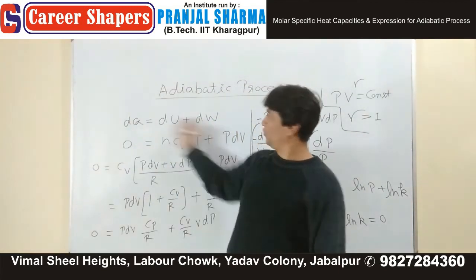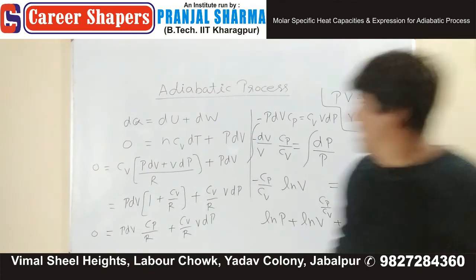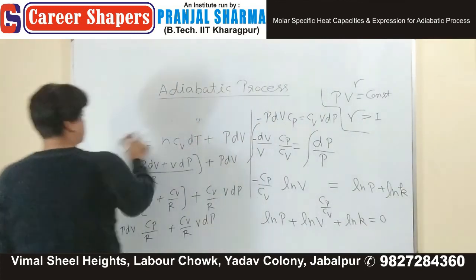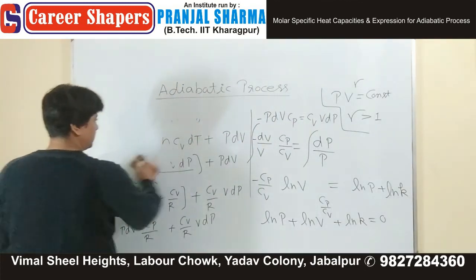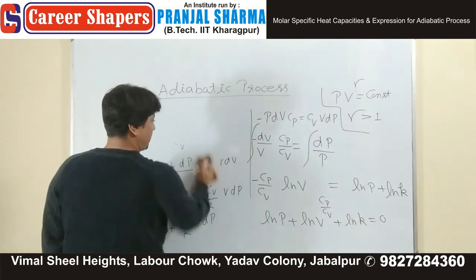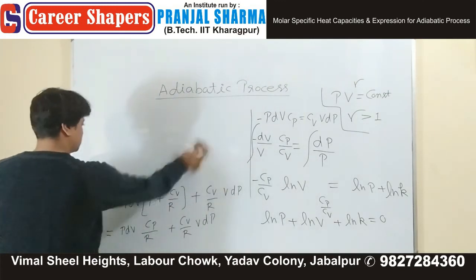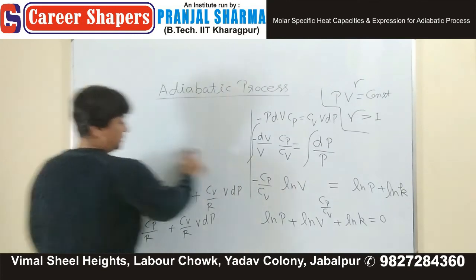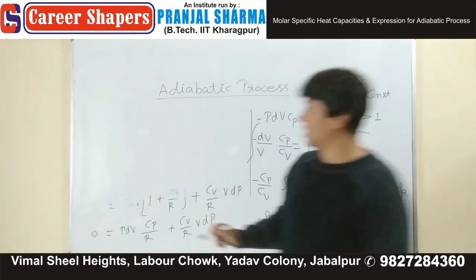Now here, hopefully this is done. I hope you know that log a plus log b plus log c. In log, when you write log a plus log b plus log c, what does it give you? This is the product formula for log.